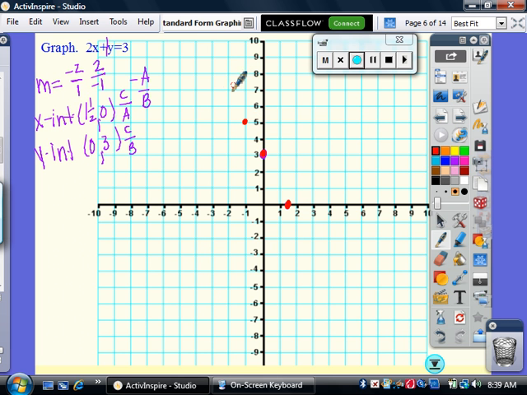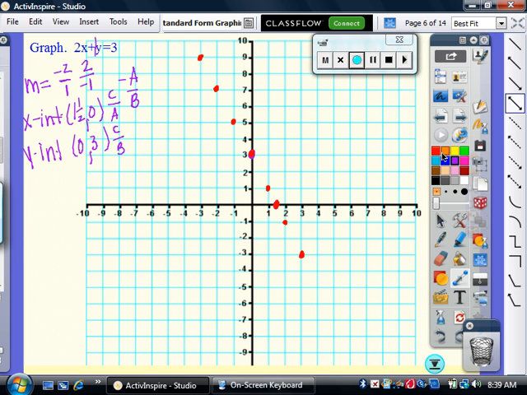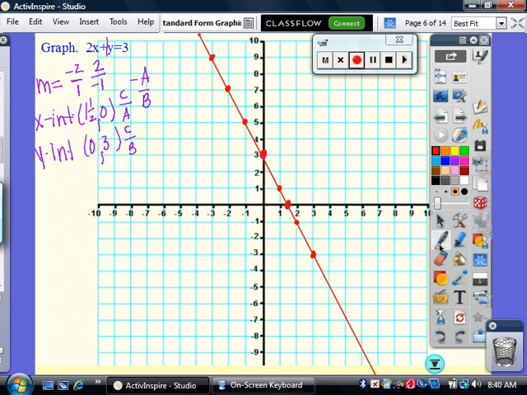Remember, this line's got to fall. And down 2 into the right one. And then we'll just connect our dots with our straight edge. Make sure it extends all the way across the coordinate plane. That's it.